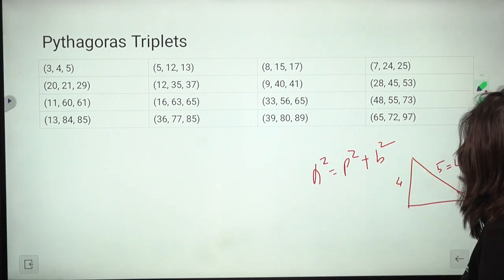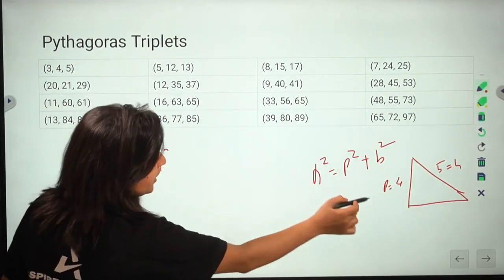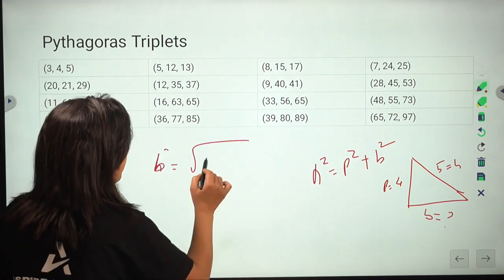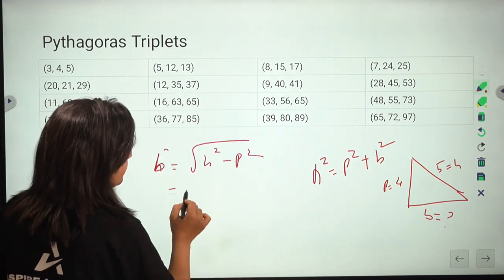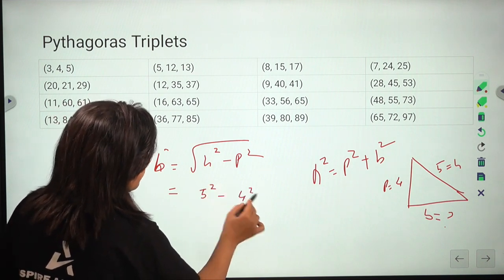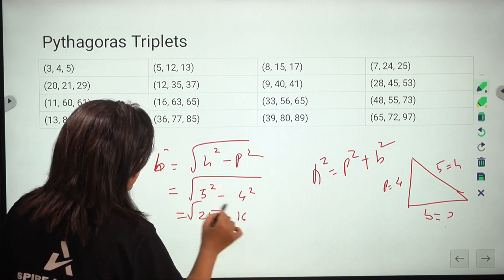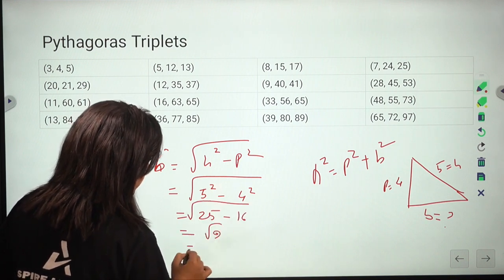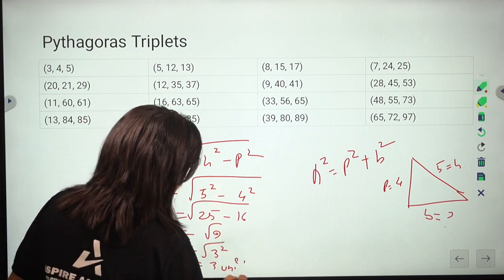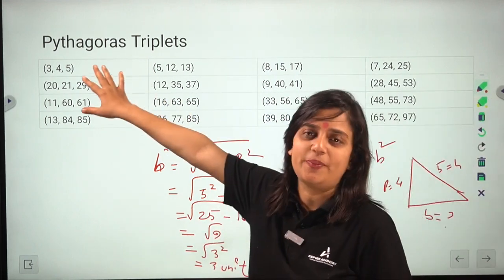Suppose this is hypotenuse and this is perpendicular. If we calculate this, we need base. B is equal to root over H square minus P square. See, H is 5 square, P is 4 square. 25 minus 16, that is 9, root of that is 3, that is 3 units.